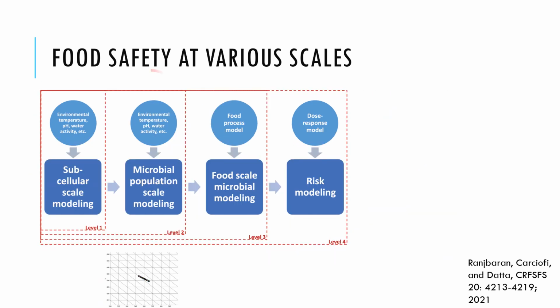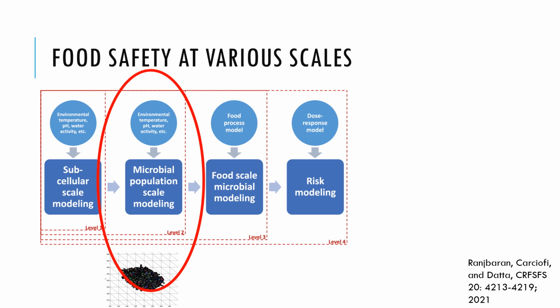The next higher scale is the microbial population scale. Here we can talk about modeling of environmental factors like temperature on bacterial cells and a population in a culture medium. This could be, for example, a growth model.